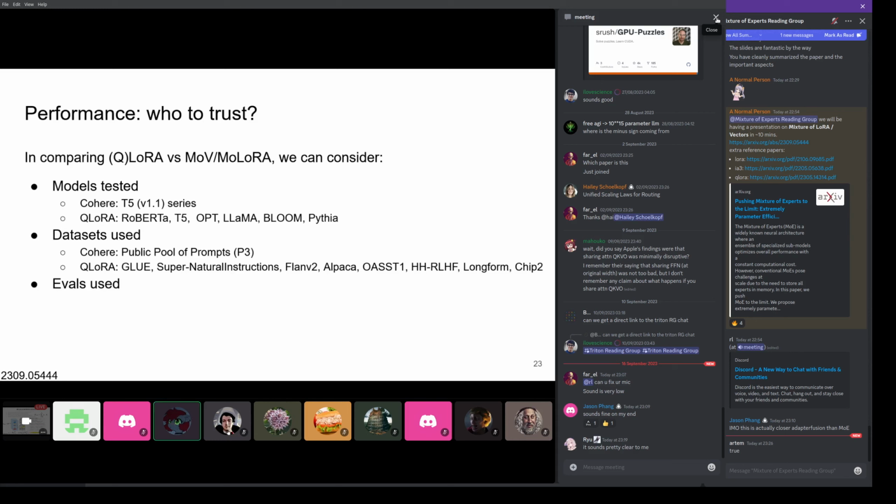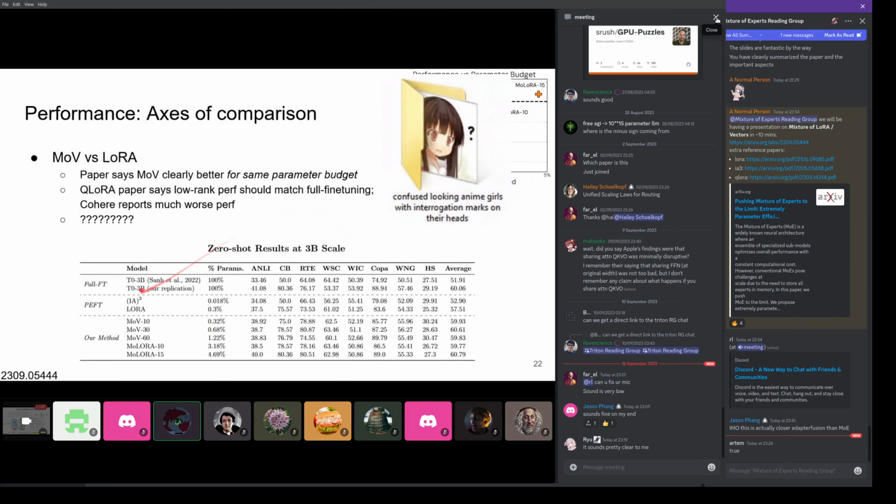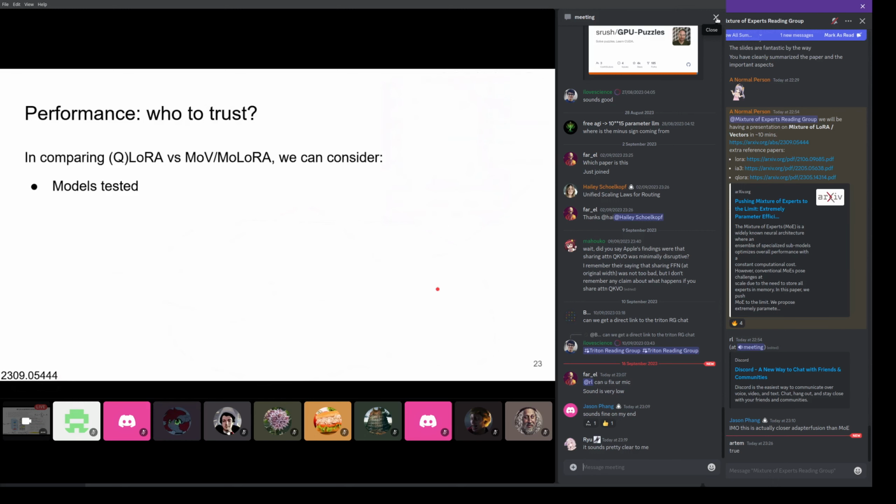For the evals used between these two papers, Cohere follows the T0 paper in terms of the evals that they use. So they use a series of evals that I've listed here, and that you can also see in this previous table here. They have all of these evals.